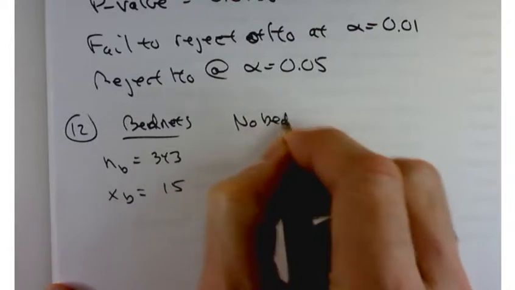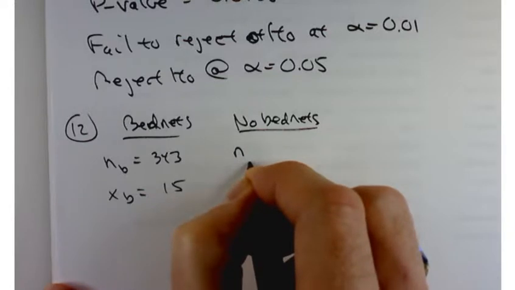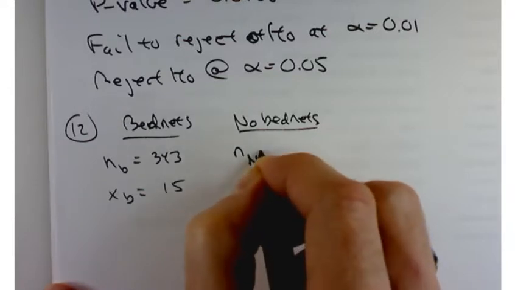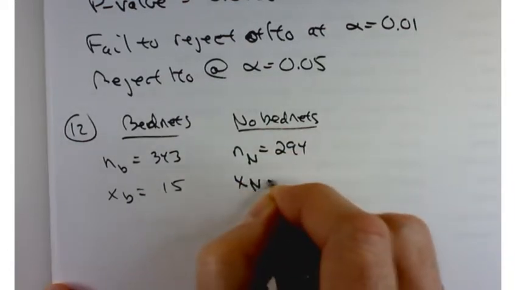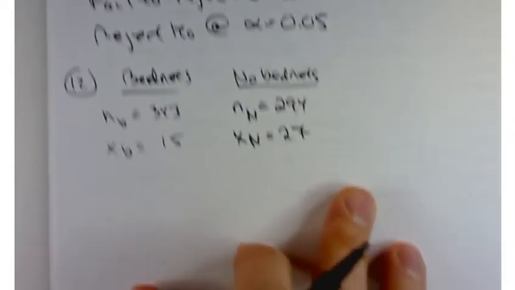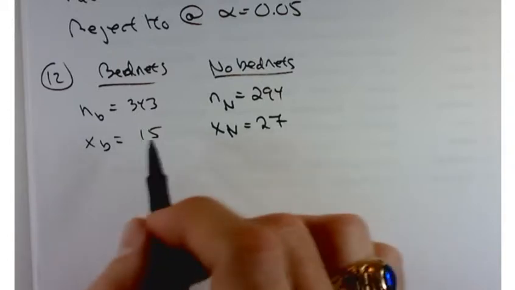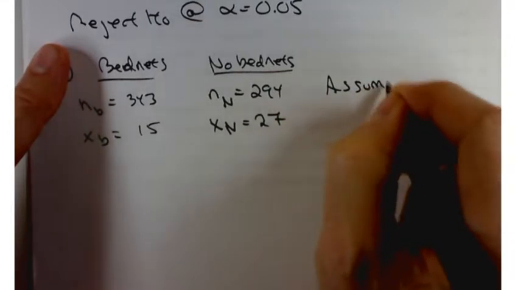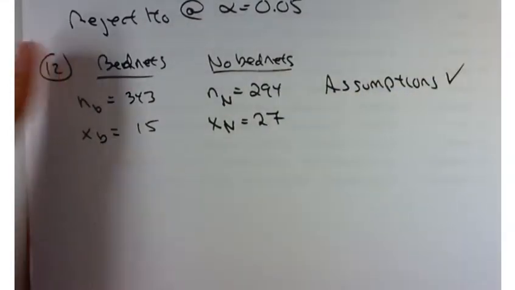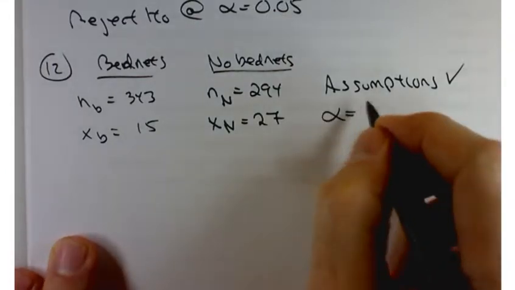No bed nets, N sub N was 294, and X sub N was 27. Regardless of how you define it, there's at least 5 successes and 5 failures in each group. So our assumptions are met. We're going to make this test at the 1% significance level.